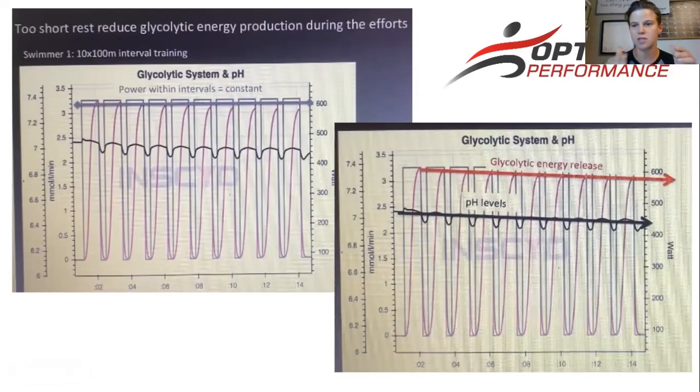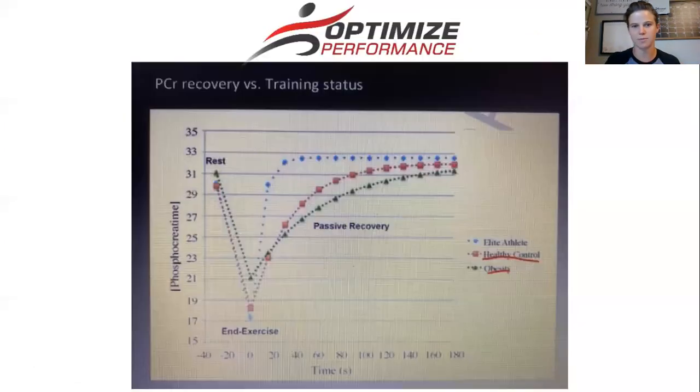Okay, you have to give yourself more time for recovery as the intervals progress. Okay, so you can see this 14 versus a 2, you can see how much less power is being produced because we're not recovering efficiently. You're not giving your energy system enough time to recover.